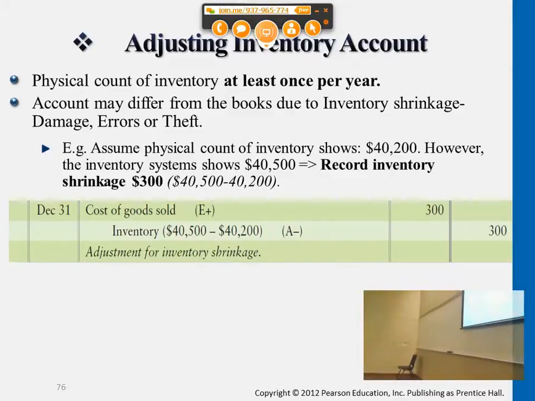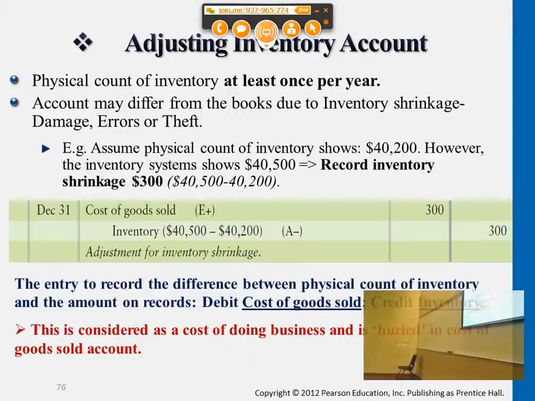Okay, so the prepaid expenses, the accrued expenses, depreciation, accrued revenues, and earned revenues, all of those also apply to a merchandiser company. But we have one more, on inventory. Again, this is an account that a service type of business does not have, so only merchandisers have this account.